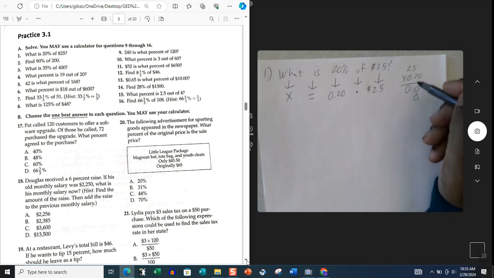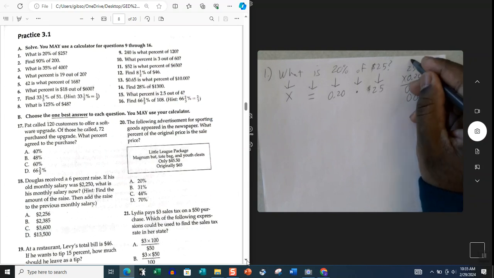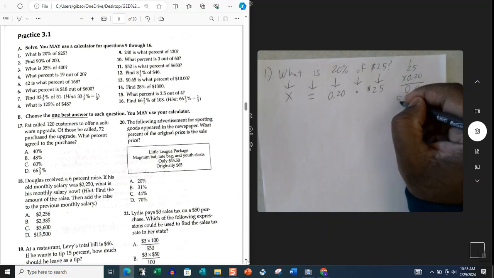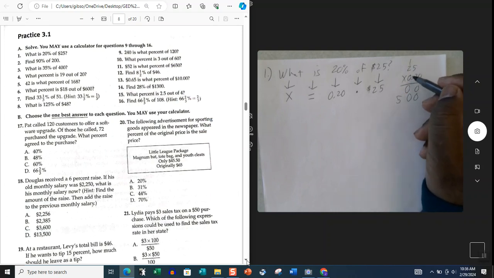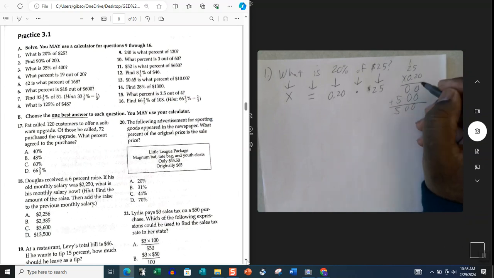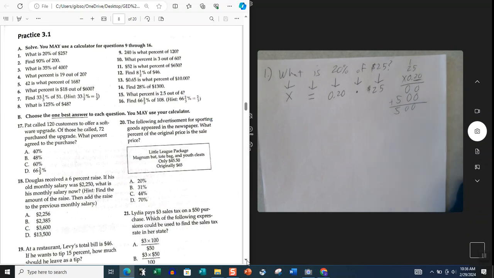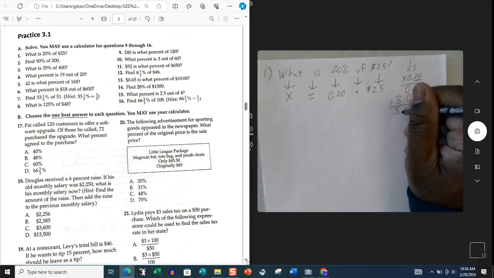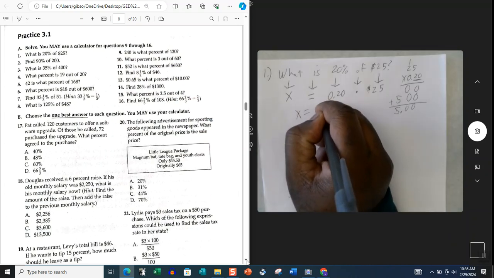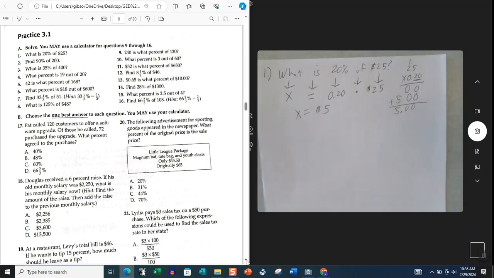Bring a 0 here. 2 times 5 is 10. Bring down your 0, carry your 1. 2 times 2 is 4, plus 1 is 5. And then we don't have to multiply this other 0 here. So this would give us 500 when we add everything. But we look at how many digits we have behind the decimal. We have 2. So this answer would be just 5. So X would be equal to $5.